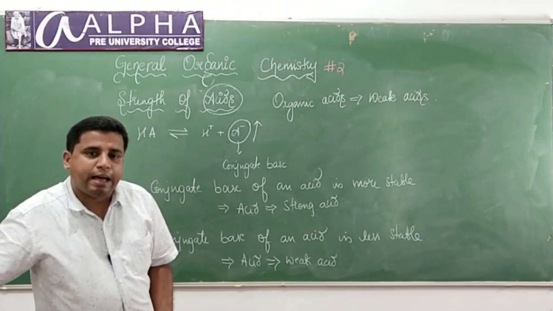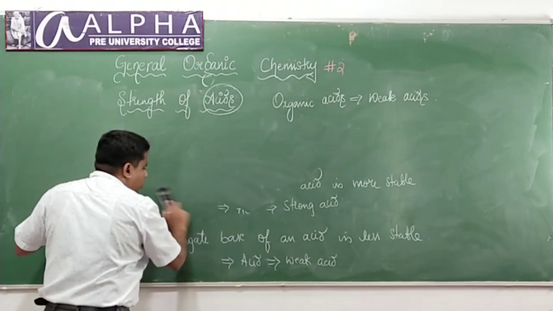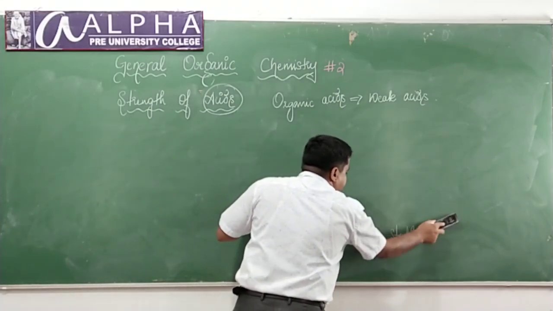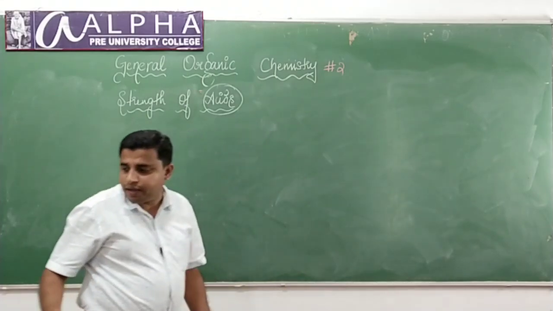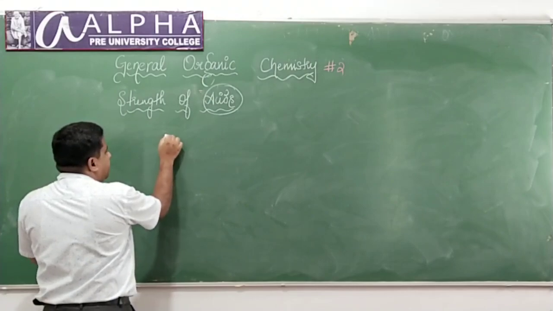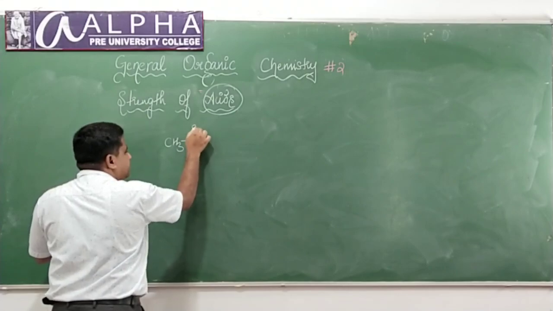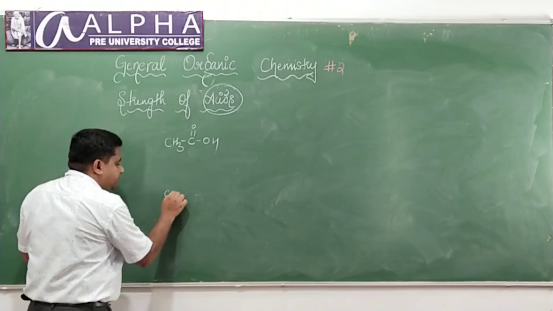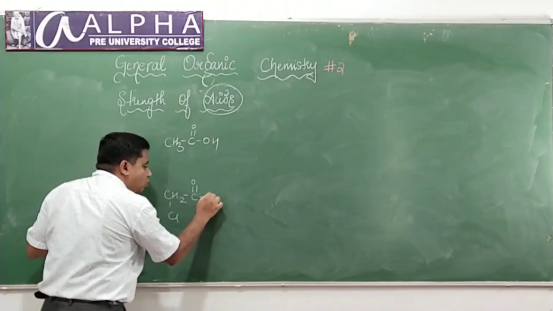Let me take some examples to explain whether the given acid is a strong acid or a weak acid. I have acetic acid and chloroacetic acid, CH2Cl, C double bond O, OH.